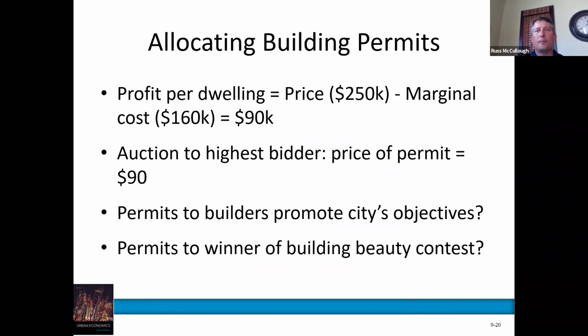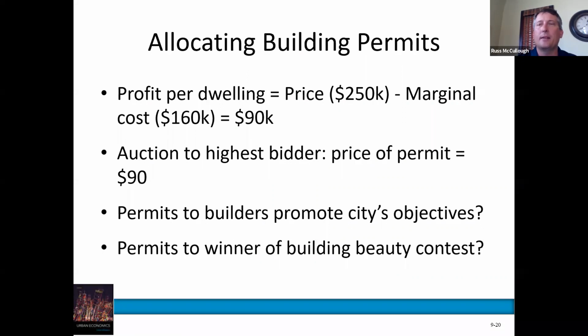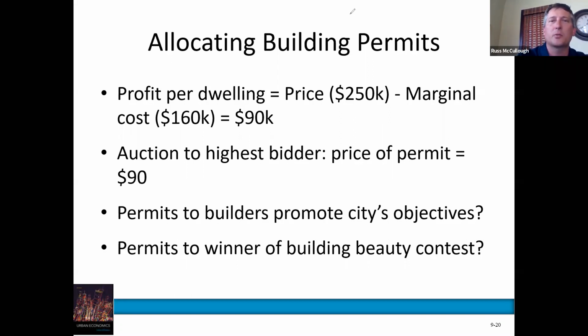So you can think about the finances here with the permit using the leftover principle. If we have building permits, we can sell the house for $250,000 with $160,000 worth of cost, which is what that last picture was showing.